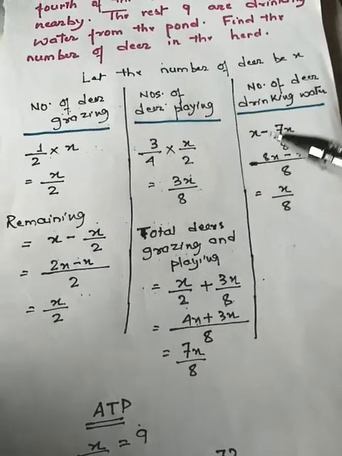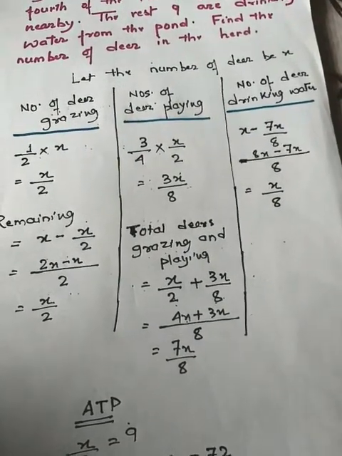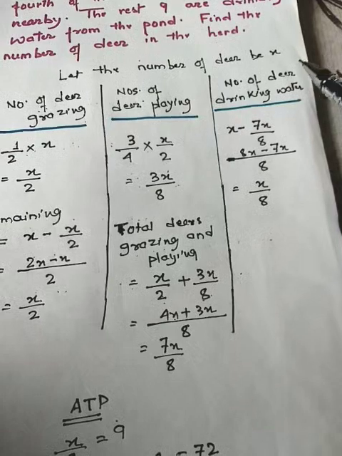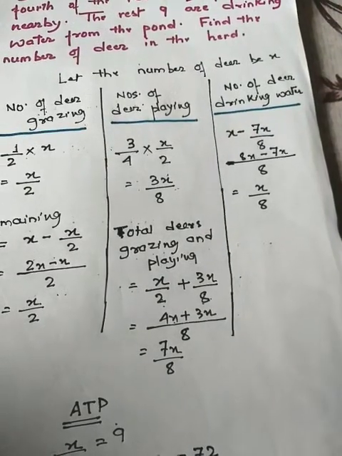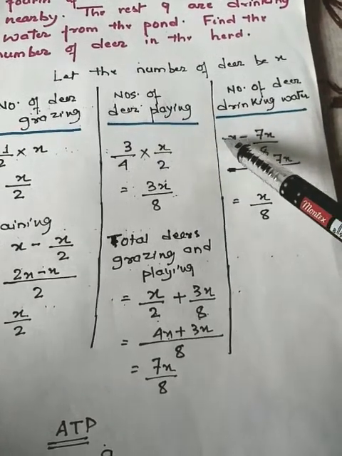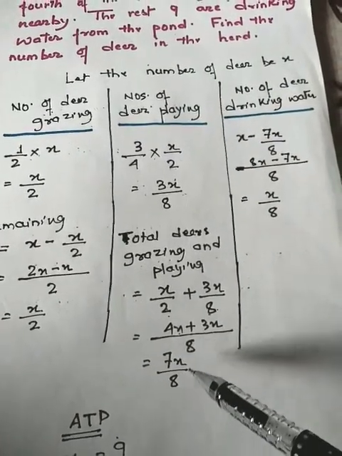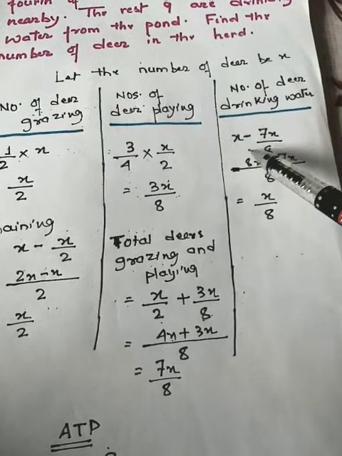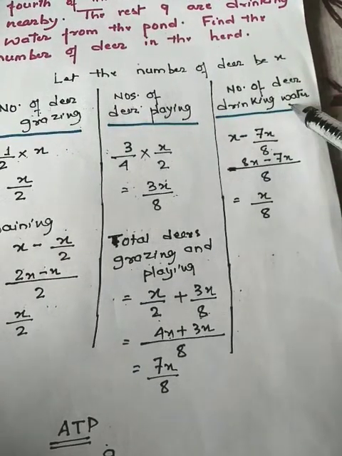Now we'll see the remaining deer, because whatever deer are remaining were drinking water. From the total number, we'll subtract this 7x upon 8. When we do this, we'll get the number of deer drinking water.